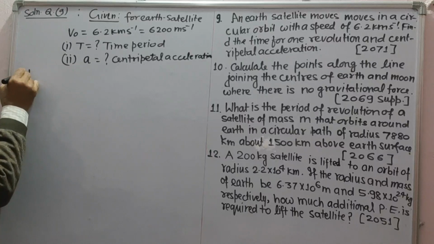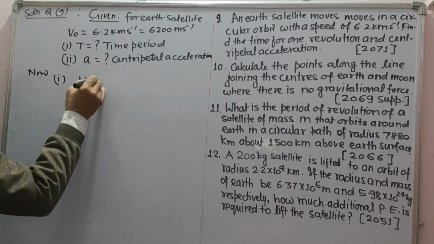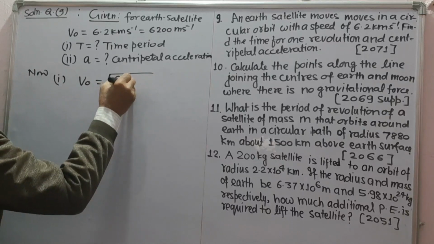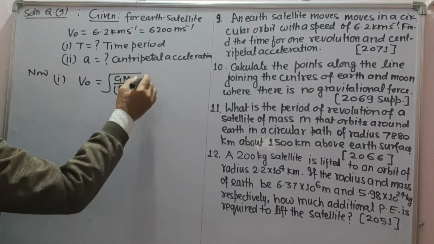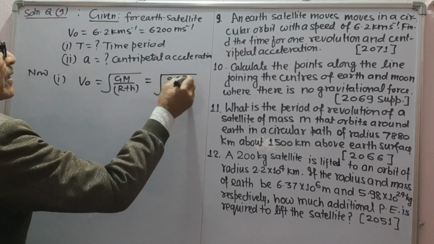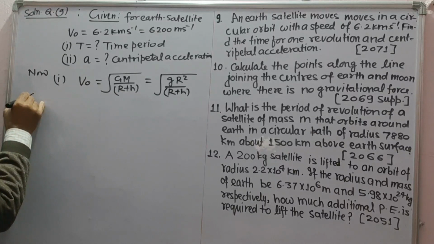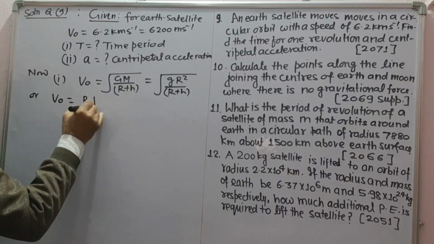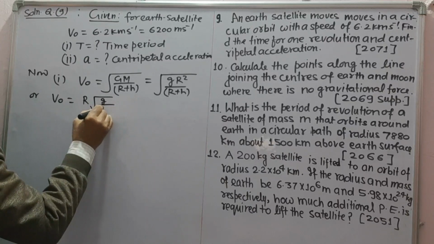Now, orbital velocity is given by under root G M upon r plus h, which can be written as under root g R square upon R plus h, or v naught can be written as R root g upon R plus h.